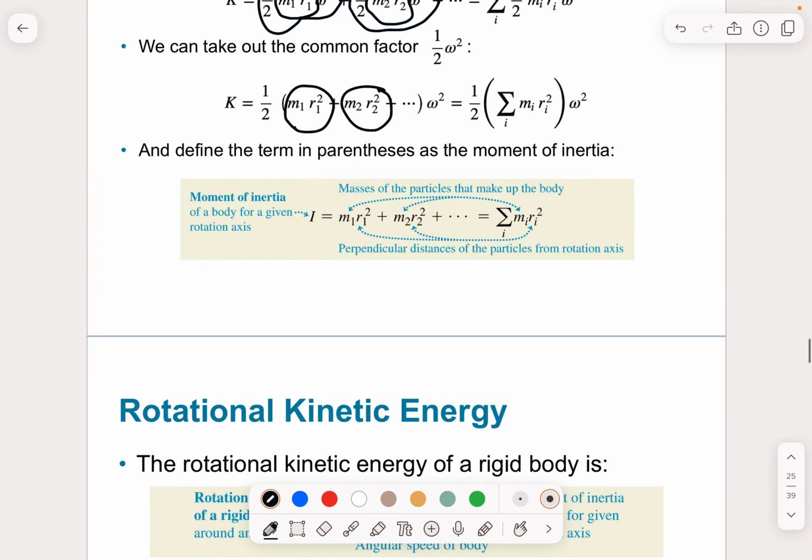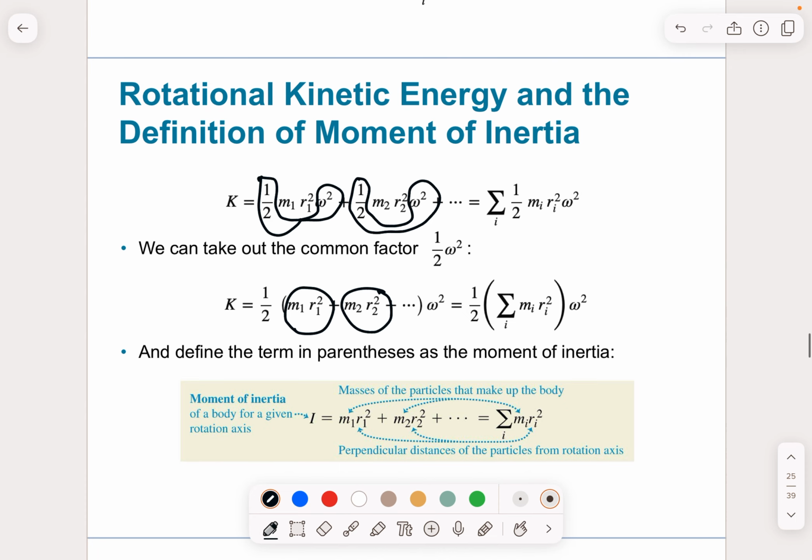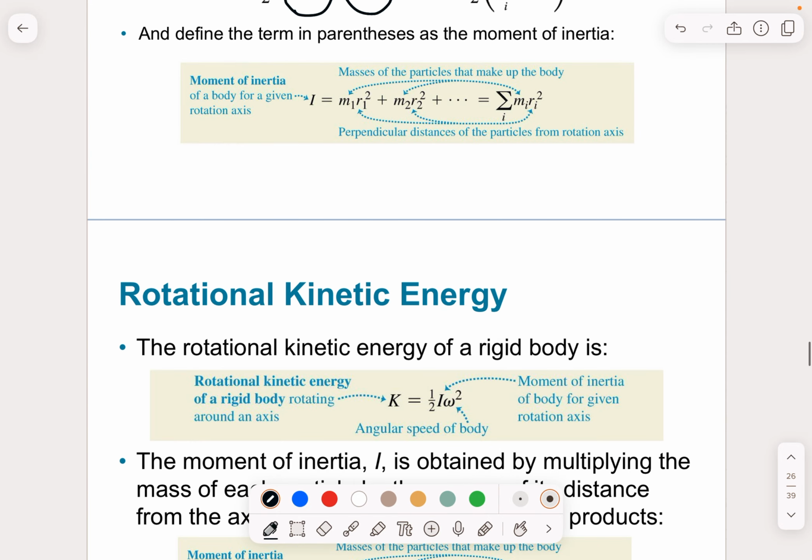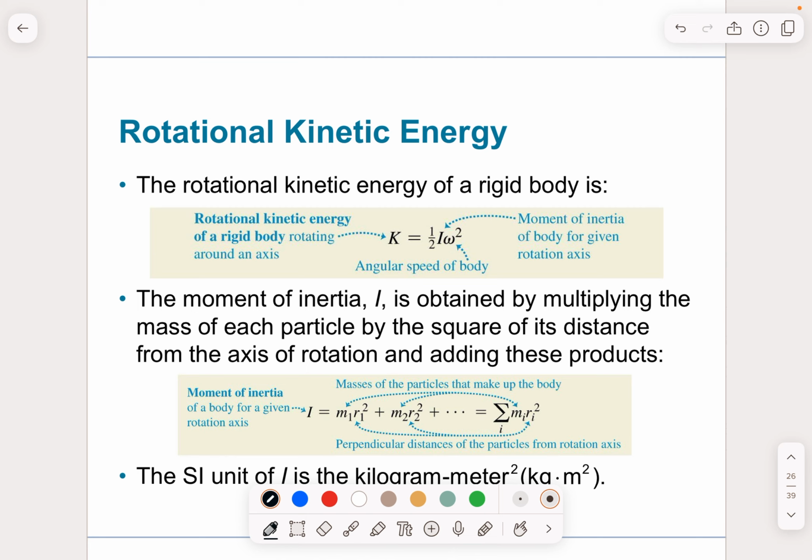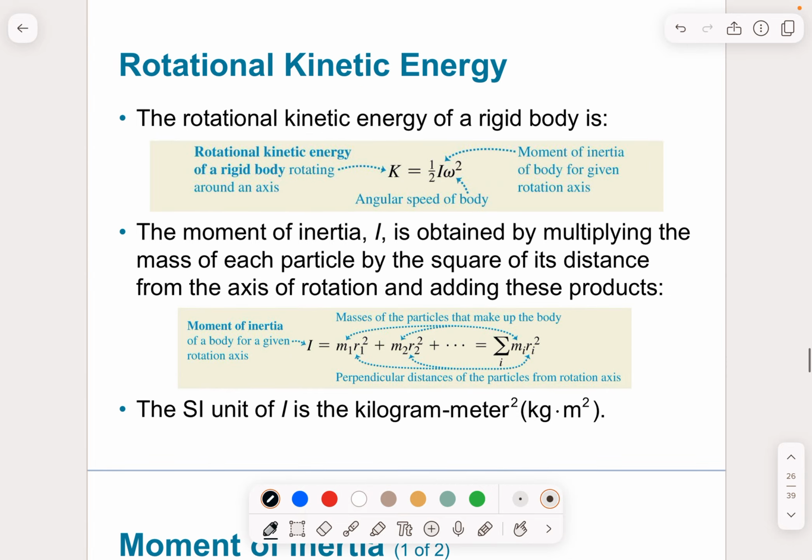So now we have this moment of inertia, and I've shown it to you in a mathy sense, okay? You can see where it fits in the equation for kinetic energy, right? So it fits in as the mass portion, essentially, of the kinetic energy, right? The velocity portion is now omega squared. The mass portion is now I, okay? So I is a mass analog that has units of kilograms times meters squared.